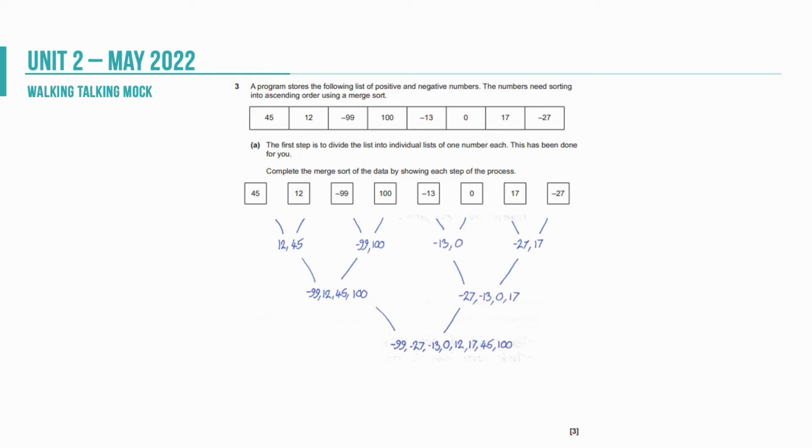So you'll see my first line, 12 and 45 are in order, minus 99 and 100 are in order, minus 13 and 0 are in order, minus 27 and 17 are in order. I then merge them into 4s, and again I put them in order, and then I merge those into a group of 8 numbers. So you get, again, a mark for each line there, and you need to be clear that you have merged them in and sorted as you've merged.